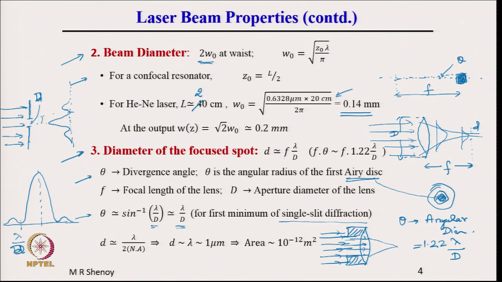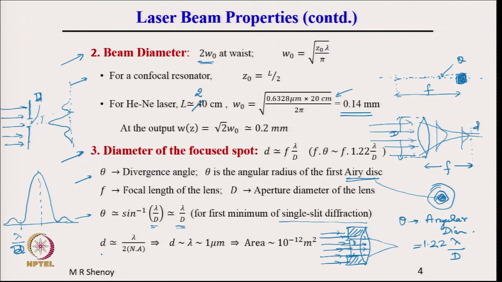Therefore, the effective diameter of the lens is the diameter of the aperture. This is for those of you who are not familiar. So, this is the D that we are talking of, the aperture diameter, which is always smaller than the actual diameter of the lens. All right.